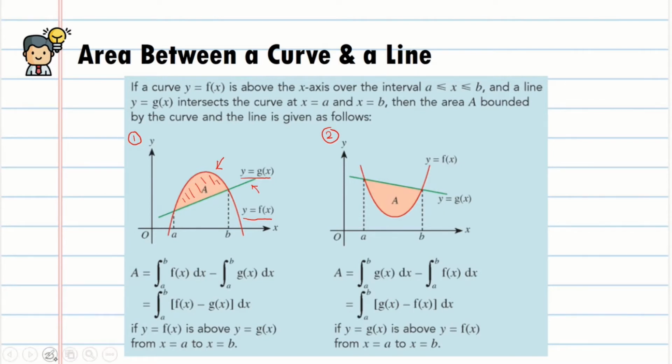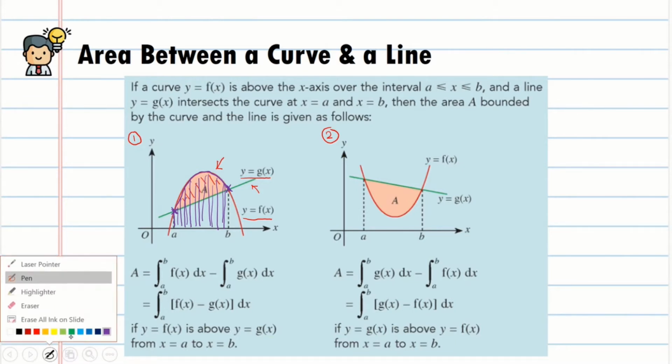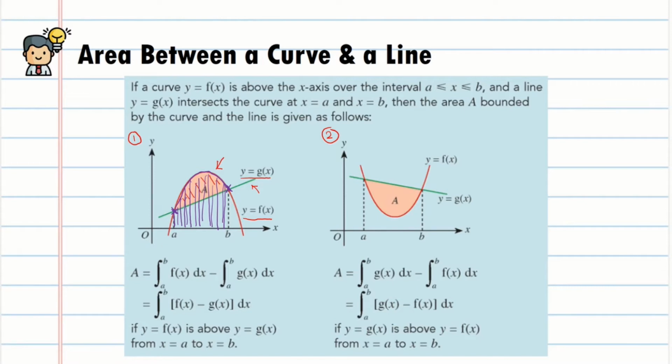So in order to do that, we first understand that the area under the curve, from this point up to this point where b is, the area under the curve towards the x-axis is actually this area that I am shading. Then if we look at the area under the line towards the x-axis, it would be this part.